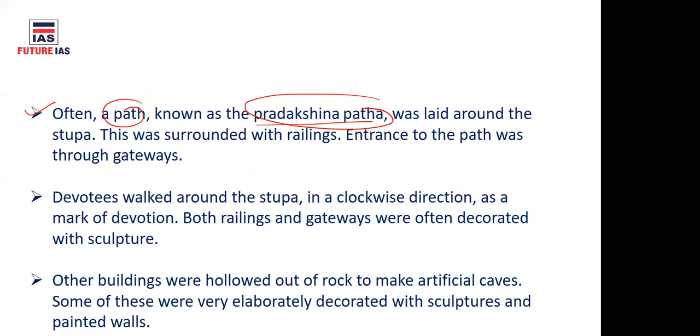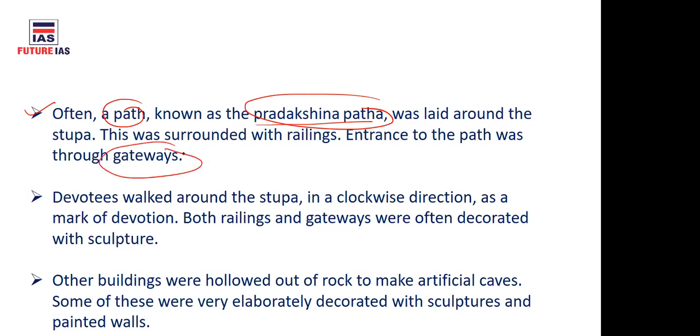And this was surrounded with railings, just like how there is a railing around a house. In the same way, all around your stupa, there is a path called the pradakshina path, and this path is covered with a railing, right? And the entrance to the path is called the gateways.